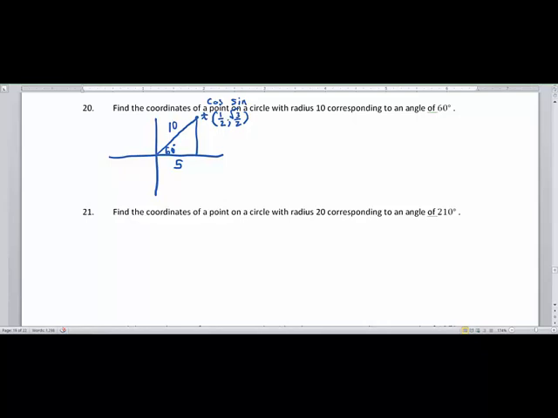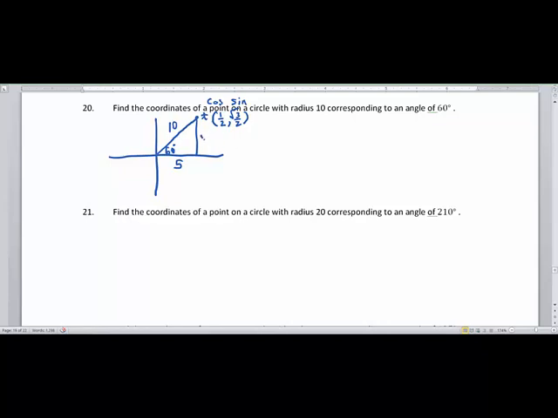Since we know that the cosine relationship, when you have a radius of 1, is half, or in this case, adjacent over hypotenuse, or 1 unit to 2 units, then essentially this can be rewritten as this adjacent side would be 5, and this hypotenuse side would be 10.